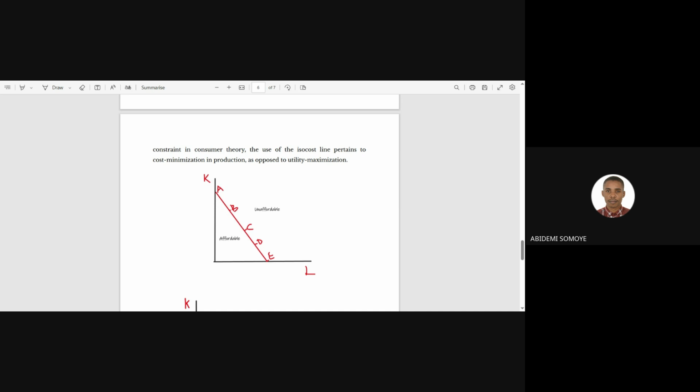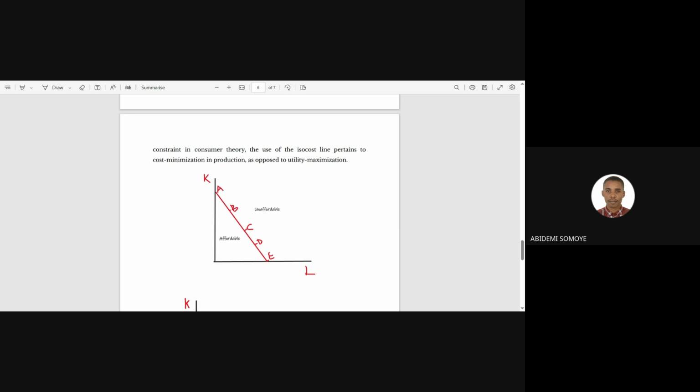But this time around, the isocost is the combination of inputs that you are able to buy. That means that if you have $10,000 to start up a company, part of that $10,000 will go to capital, and part will go to labor.